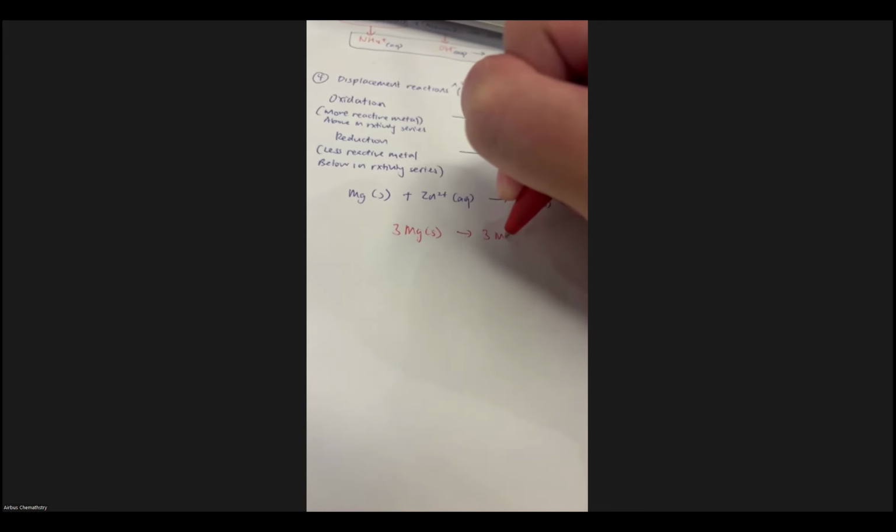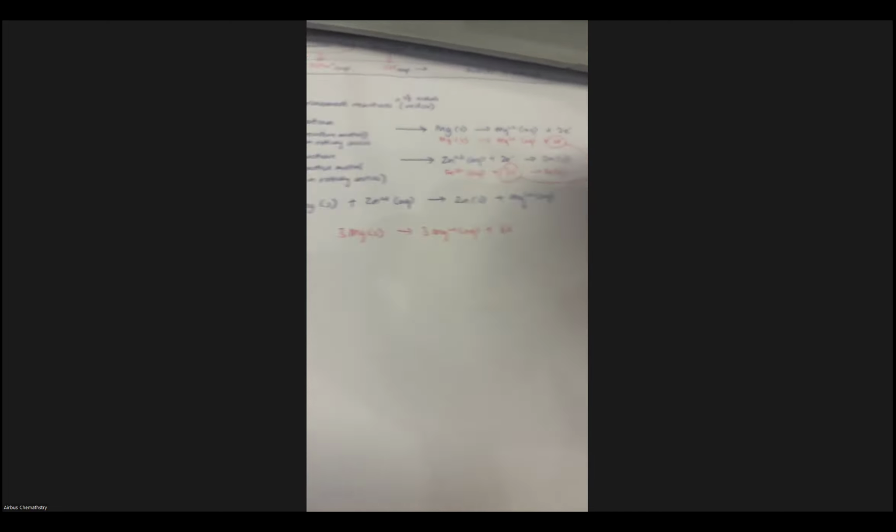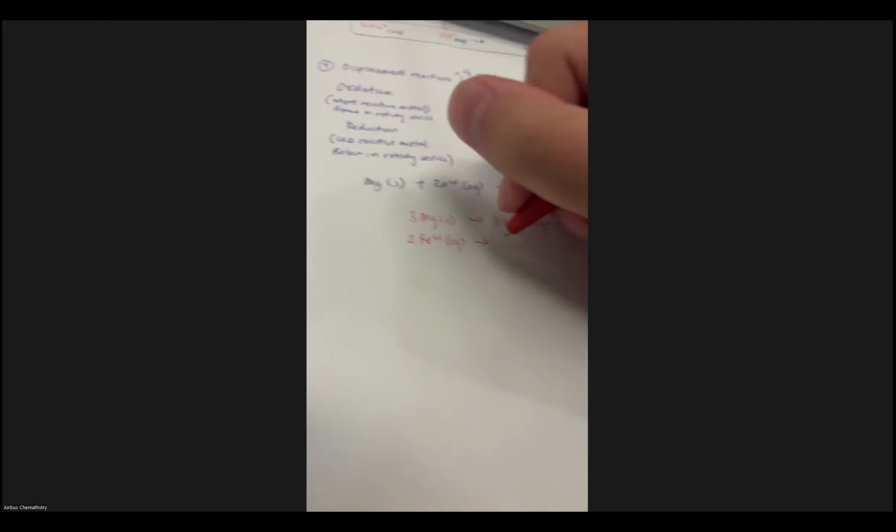So times 3 to the oxidation half equation: 3Mg gives 3Mg2+ plus 6e-. Then 2Fe3+ plus 6e- gives 2 Fe solid.